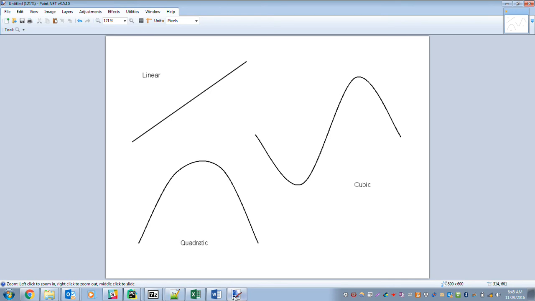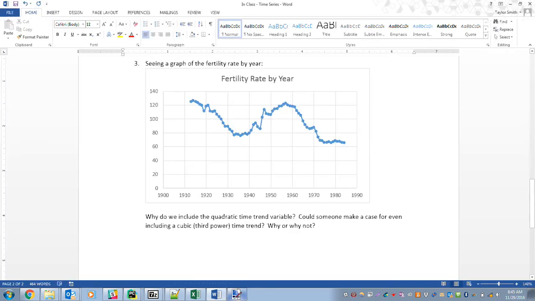If we drew a line through this graph, that would be okay, but it wouldn't do a fantastic job of explaining the relationship between time and the fertility rate, right? There's obviously something going on here that's not just a linear relationship. We see it going down in some years and then up and then back down again, and then it's kind of leveling off at the end. So a pure linear trend might not be the best thing.